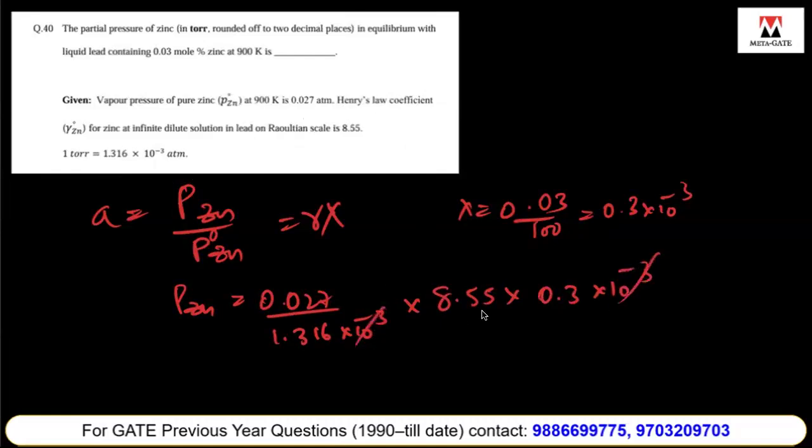This and this get cancelled. So you get P zinc as 0.0526 torr. It is 0.05.